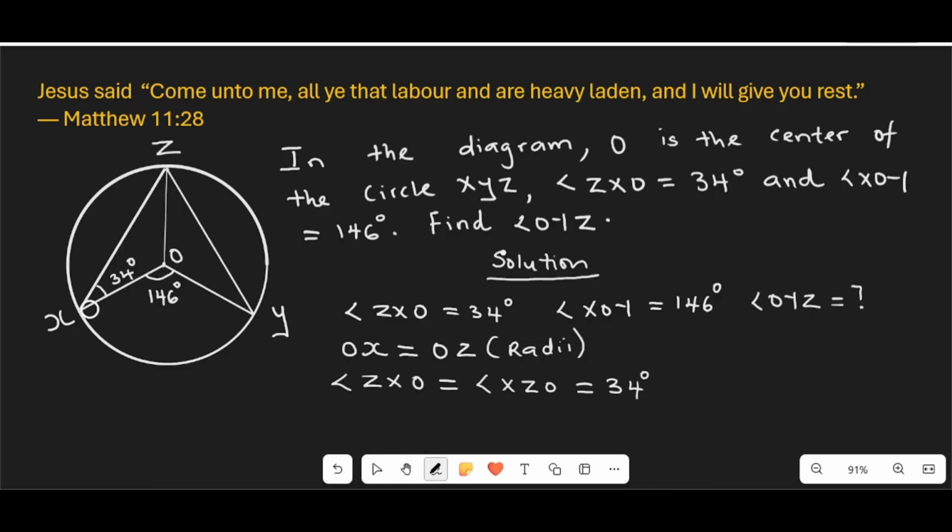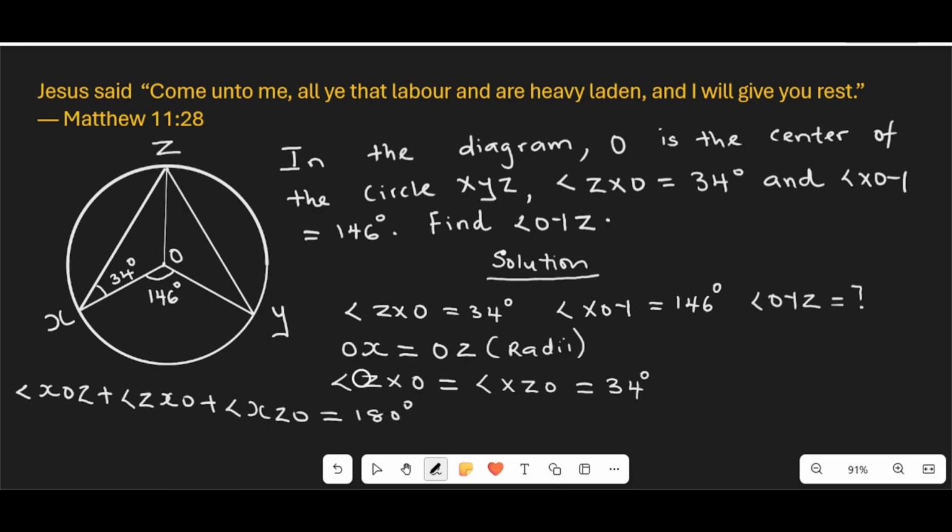Let us find angle XOZ, and the sum of interior angles in a triangle is equal to 180 degree. So we can say angle XOZ plus angle ZXO plus angle XZO equal to 180 degree.